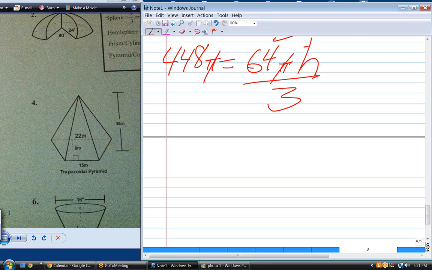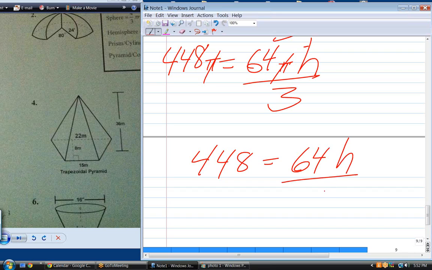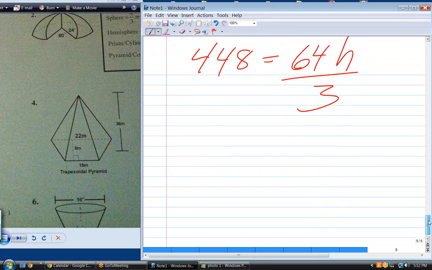Now divide by 64. In other words, here's what we're looking at. 448 equals 64h divided by 3. That's where we are now. First step, multiply both sides by 3. Second step, divide both sides by 64. Wouldn't multiplying both sides by 3 turn the 64 into 192? No, it's not going to do anything to the 64.